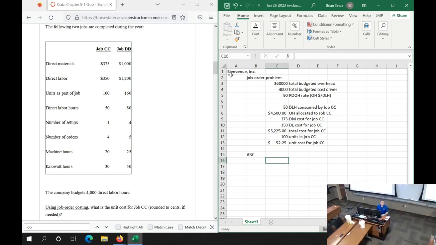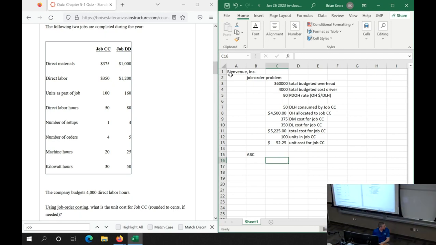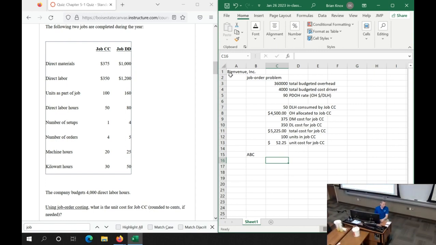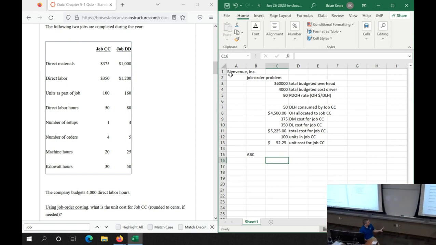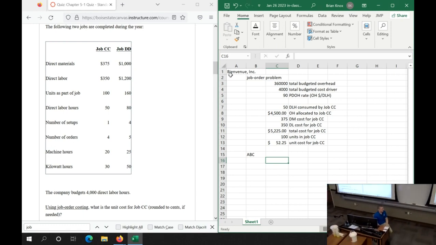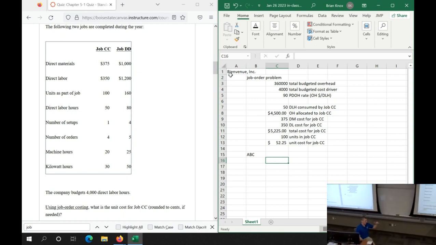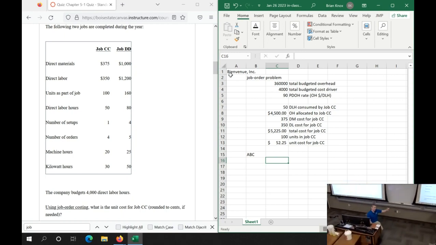So for job order costing, you would disregard the machine hours, the number of setups. You would just use that single rate with the direct cost. Yep, exactly. You just use the one cost driver. If I don't have any questions like this, but if there were questions that said departmental rates, you would use multiple rates in terms of each department has its own rate.